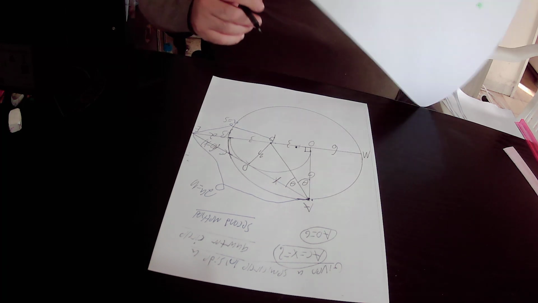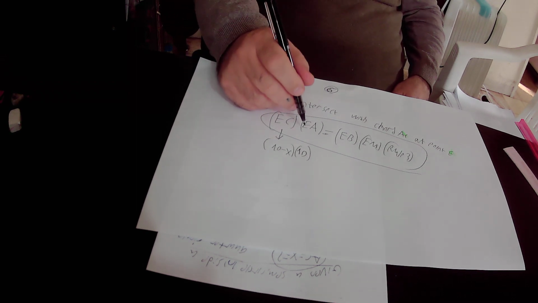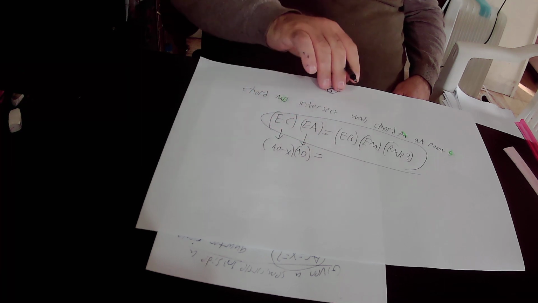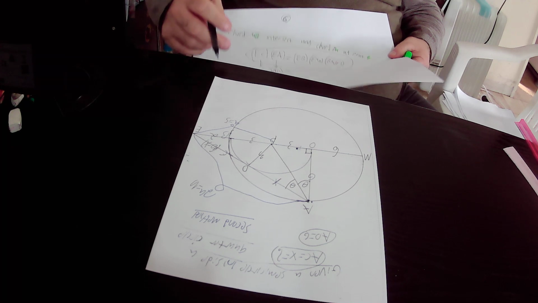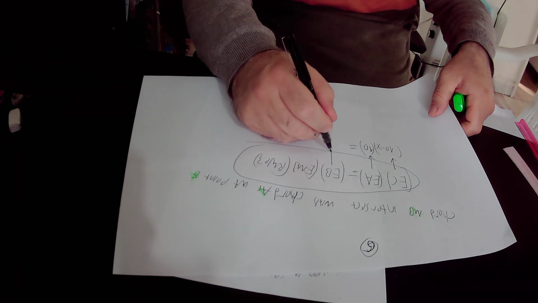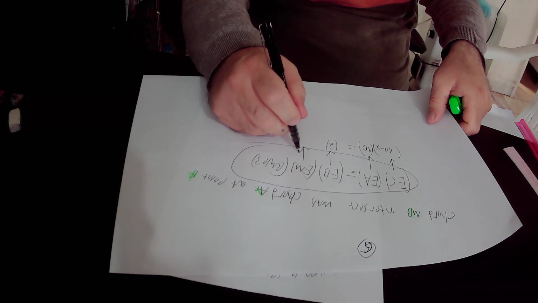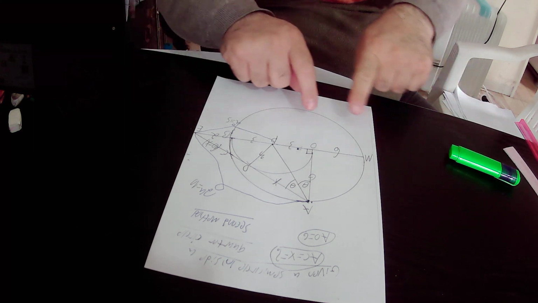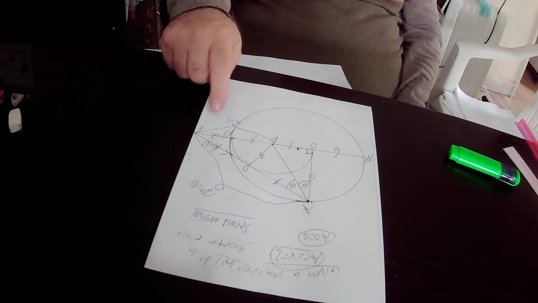So here EC equals 10 minus x and EA equals 10 units, and it equals EB or BE, which equals 2 units, times EM. Here, EM or ME equals 6 plus 3 plus 3, that is 12, plus 2, that is 14.